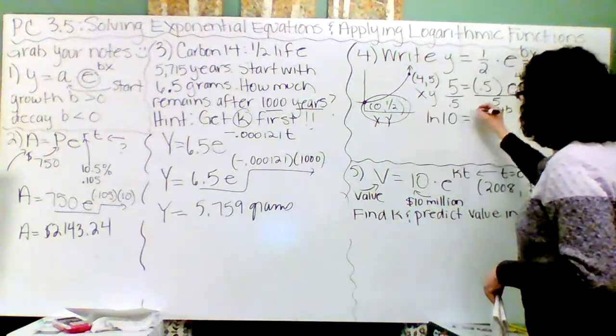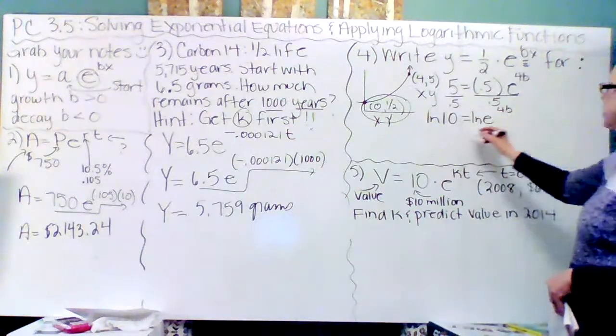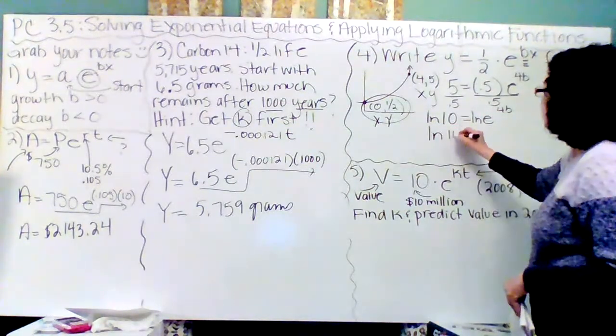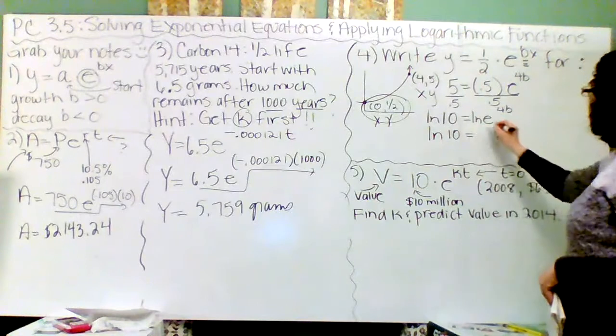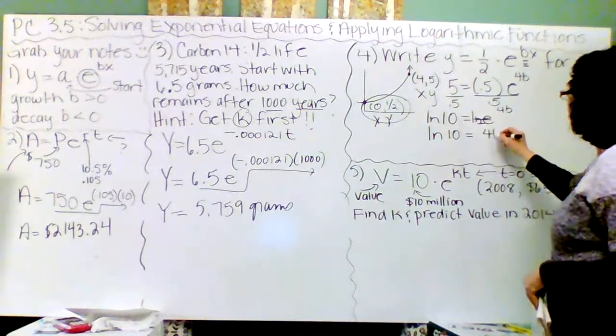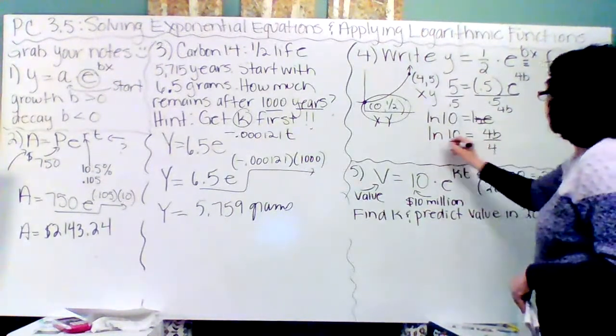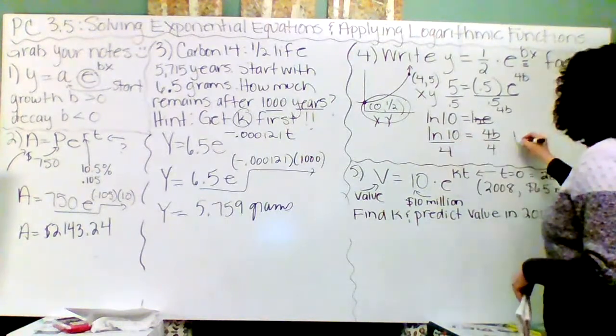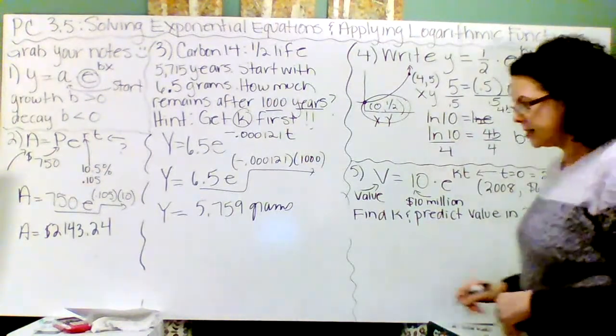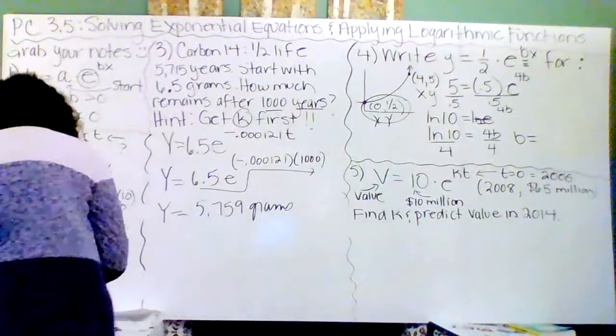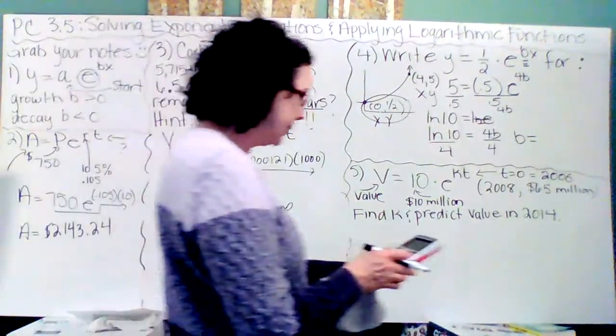Natural log of both sides, trying to solve for a variable in the exponent. I get the natural log of 10 is 4B, and I'll divide by 4. And I'll get my B as a decimal, the natural log of 10 divided by 4, and then I'm done.